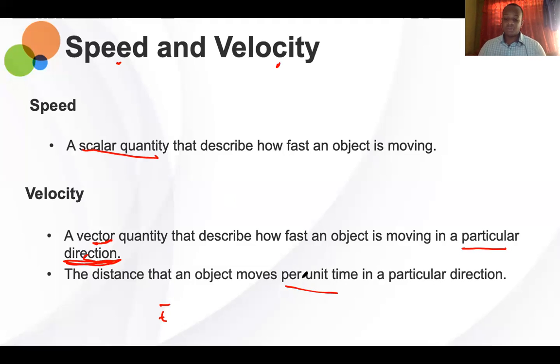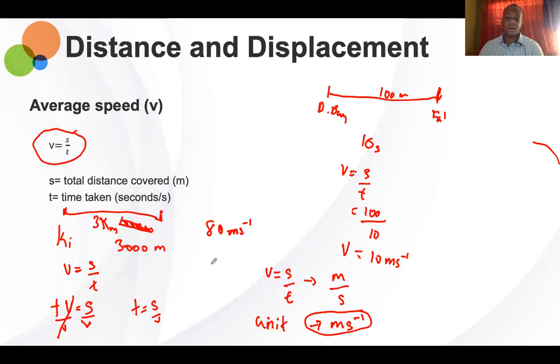So what this means, we move over here. We did this, right? We have velocity here, and we said this is the formula for finding the velocity or the average speed. So we need first the total distance covered by the object. Say that object is traveling from this point to this point.